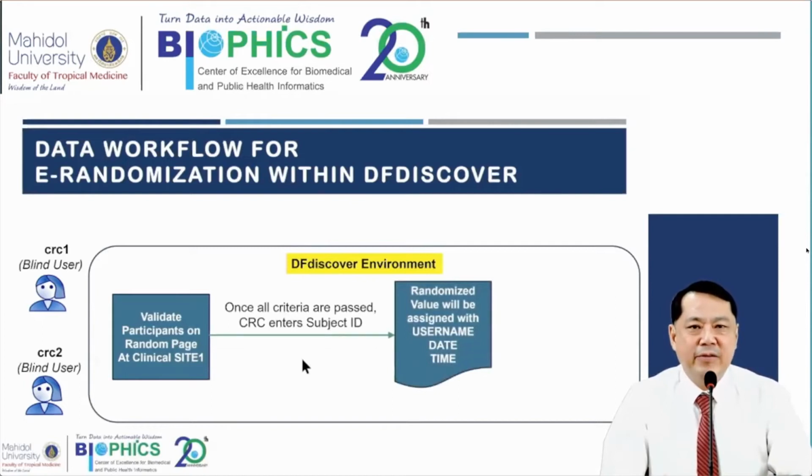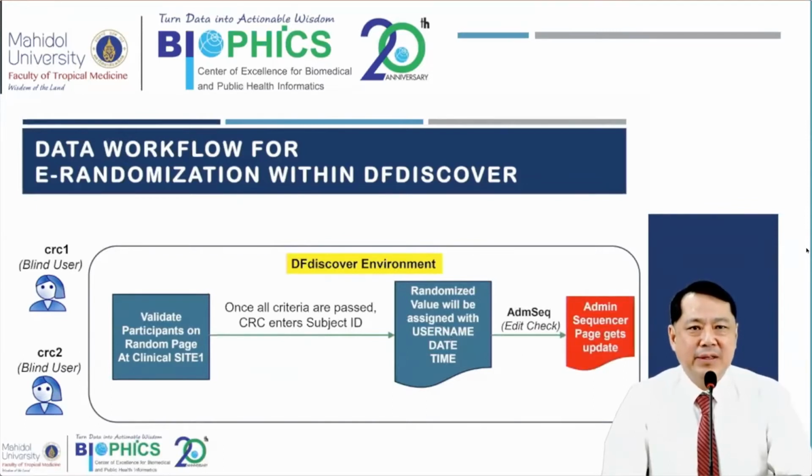If all criteria are passed, the CRC will enter the subject ID and they will be ready to assign the randomized value. After it is successfully assigned, the page will be stamped with the username of either one of them, and with the date timestamp from the local machine that they use in the area.